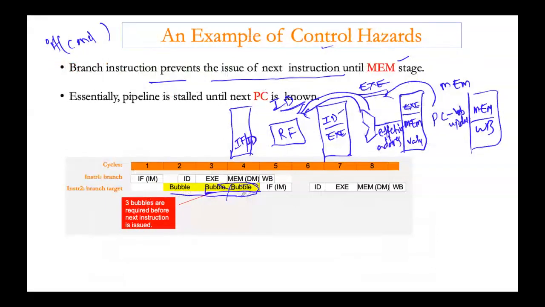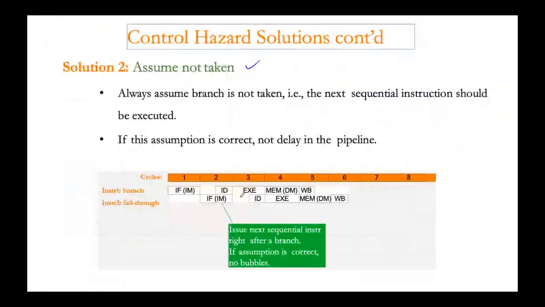This shows that the performance will be slowed down, or this slows the pipeline execution unacceptably. So a common alternative to stalling is to continue execution of the instruction stream as though the branch was not taken.